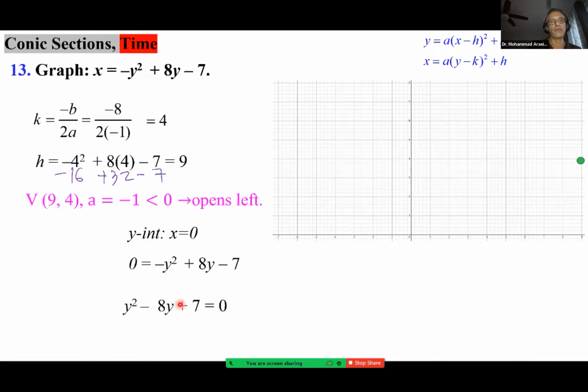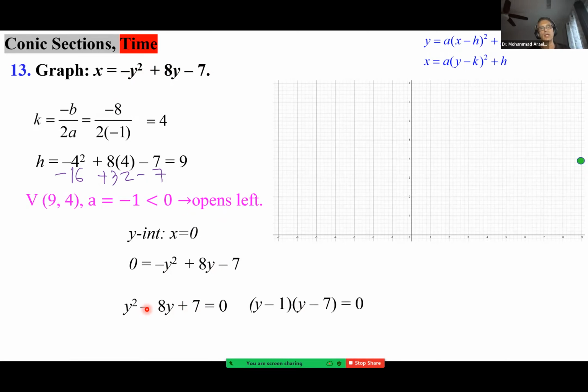And now we can factor. We need two numbers, the product is 7, the sum is -8, we get -1 and -7. This gives us 1, this gives us 7. What does it mean? 1 means 0, 1, 7 means 0, 7, and those are the two pairs.